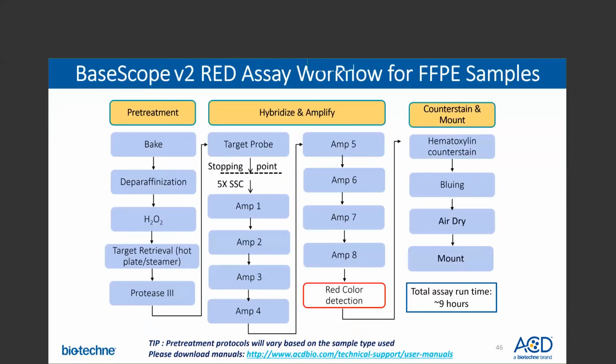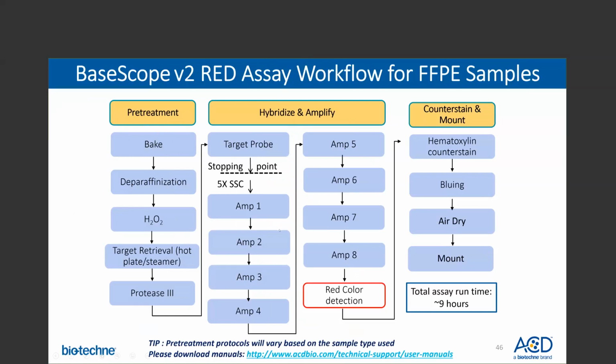Here is an example of the BaseScope red assay workflow for FFPE samples. Again, as was for the RNAscope assay, the process starts with pretreatment, followed by hybridization and amplification.